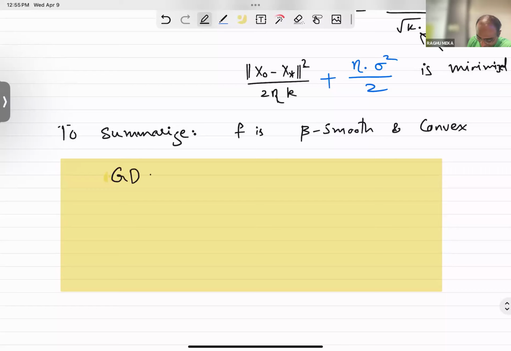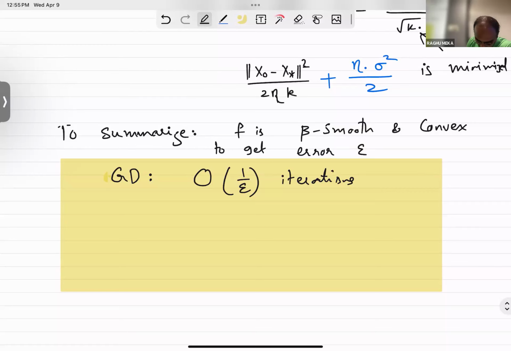Then GD needs O of 1 over epsilon iterations to get error epsilon. SGD needs 1 over epsilon squared.